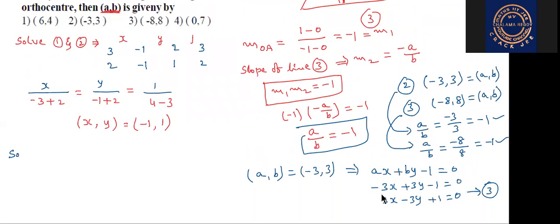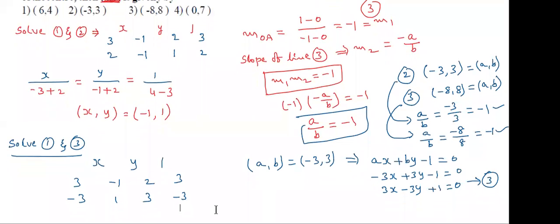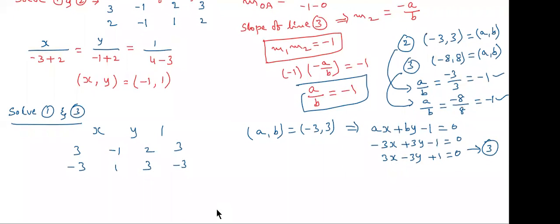Solve 1 and 3. Then what happens? Equation 1, we have already written the coefficients: 3, -1, 2, 3. The third one: -3, 1, 3, -3. So we get the point.